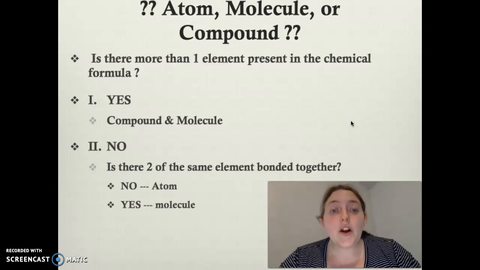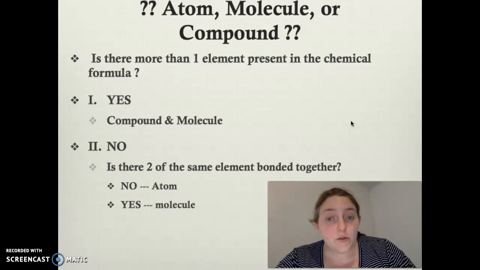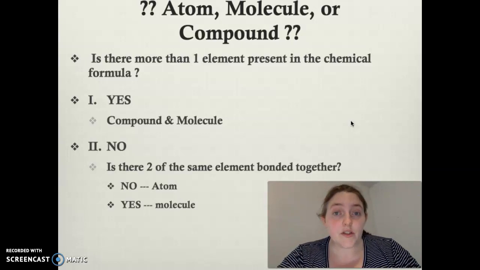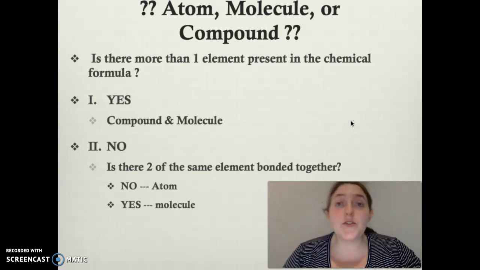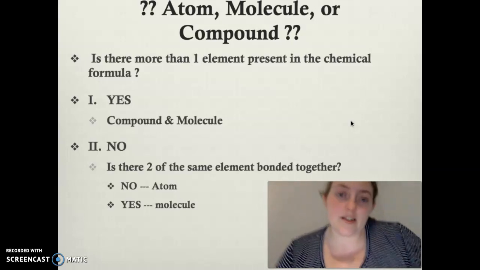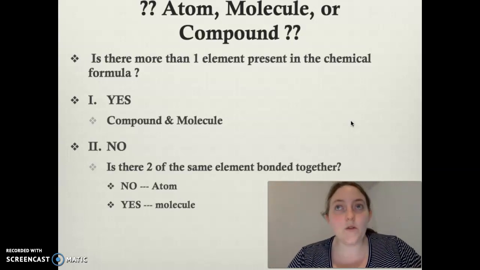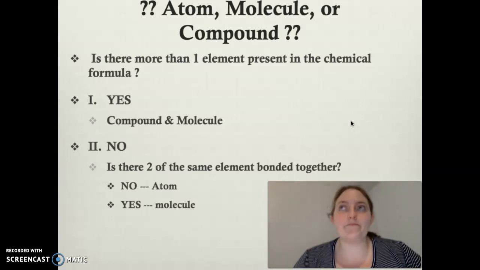So if our answer is no, there's not more than one element, we look and say, well, is there more of one type? So if we had a hydrogen, are there three hydrogens together? If you say no, and there's only one, it's just an atom. One single piece of a puzzle.